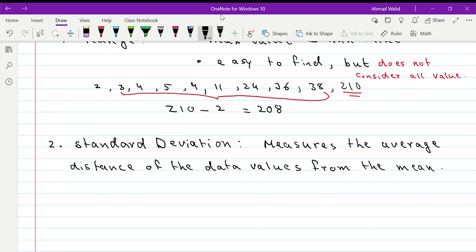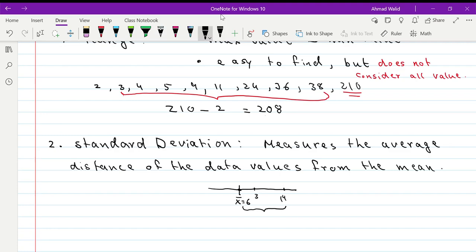For example, if I draw here a line like this, if this is your mean, I'll talk about just a sample. For example, here is your mean equal to 6, correct? How far is your data, for example, 14? How far this 14 is from the mean in the bank example, or how far 3 is from the mean.